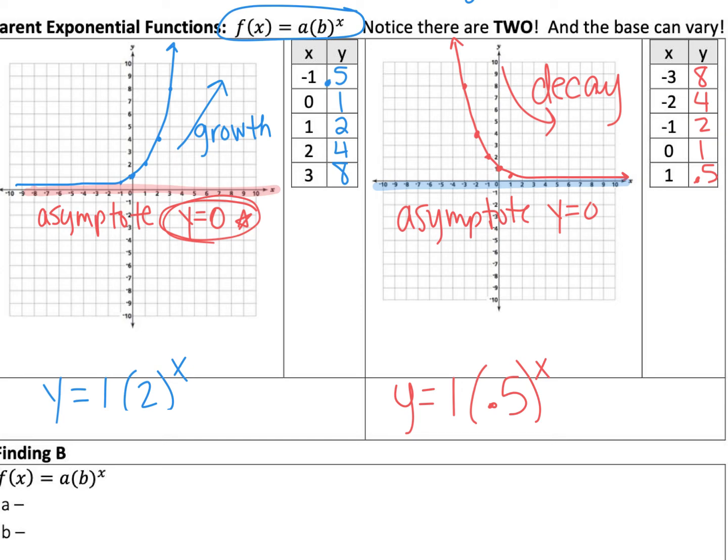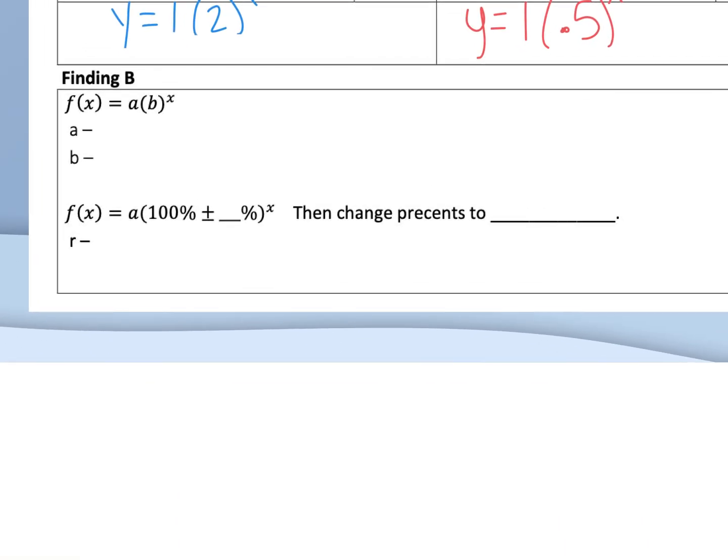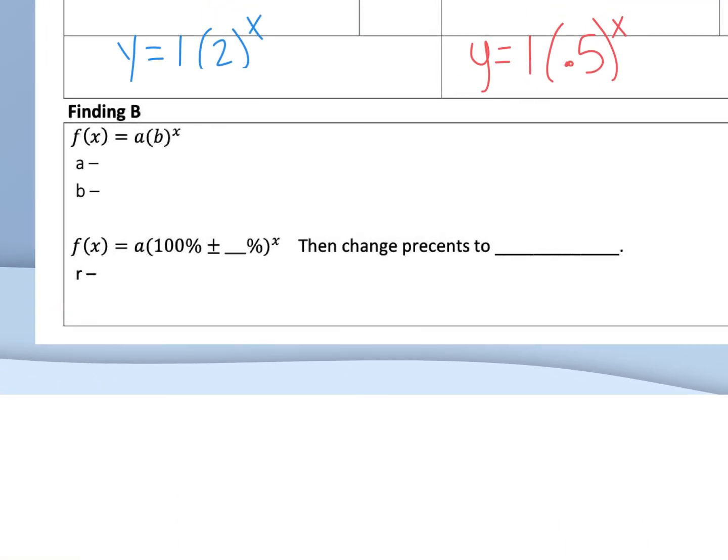So let's talk about what numbers are making that happen, okay? So the A, which is that first number, and in our examples it was a 1. This is going to be our y-intercept. I know when we did linear, it was B, so that's a little confusing. So we'll just keep practicing that. This is also what we call our initial value, right? We started with 1 zombie.